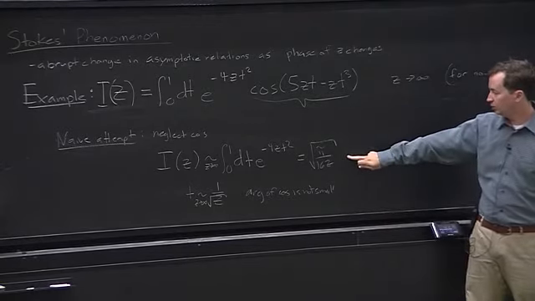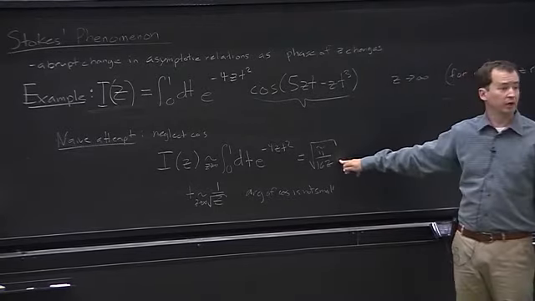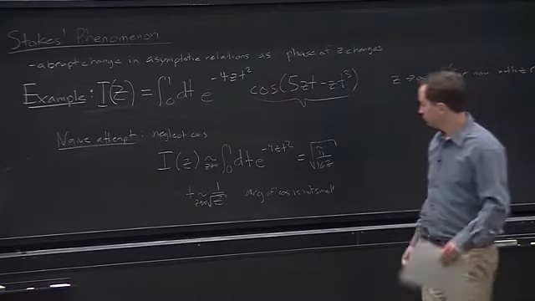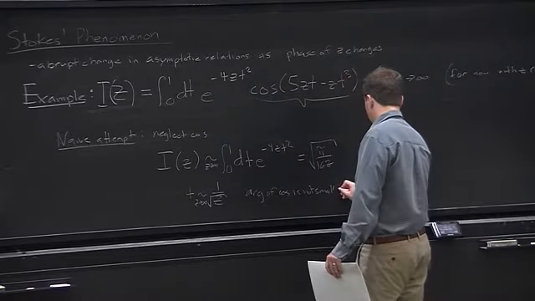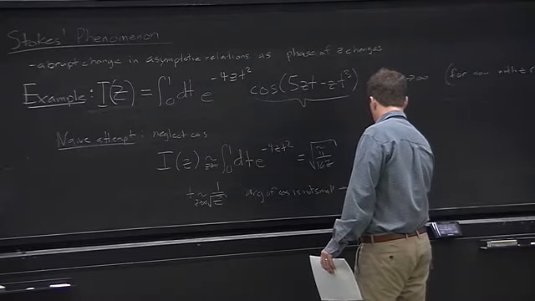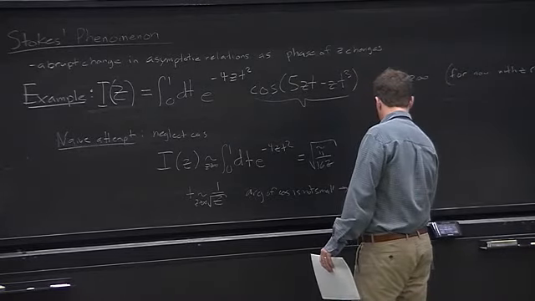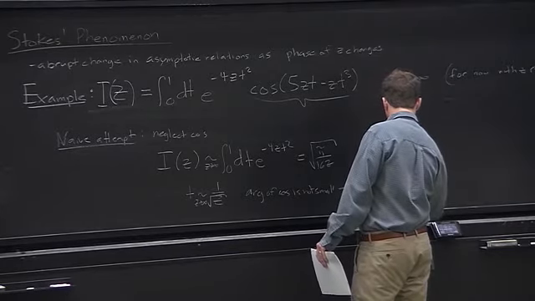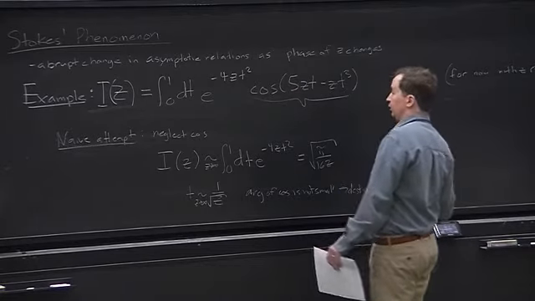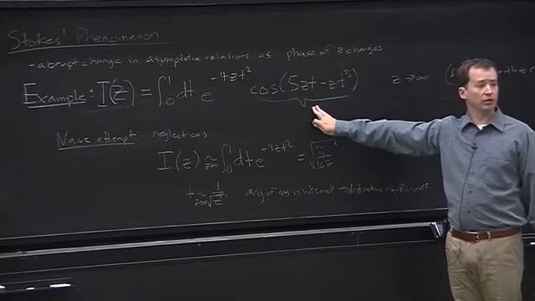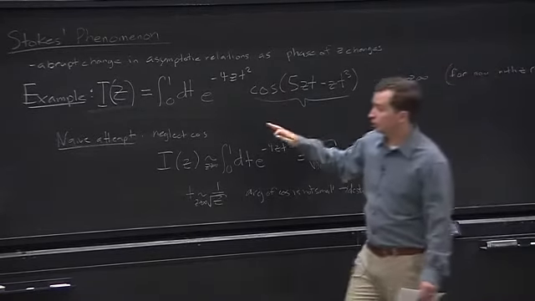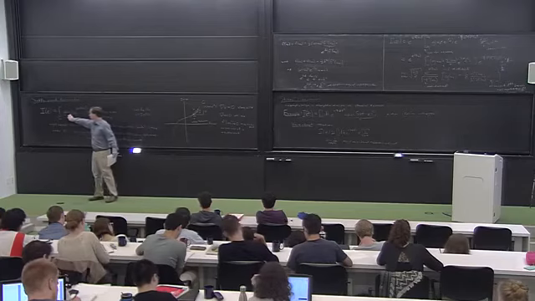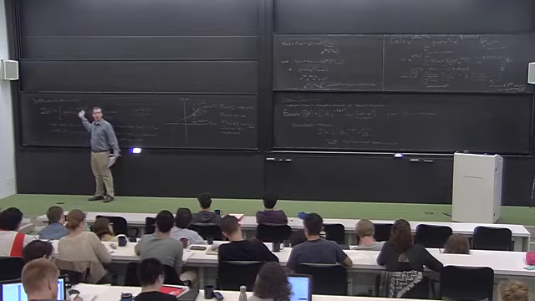So we expect it to go to 0 faster than this. And so we need to massage this integral to put it in that form. The key property of this form is that this prefactor doesn't depend on our expansion factor.